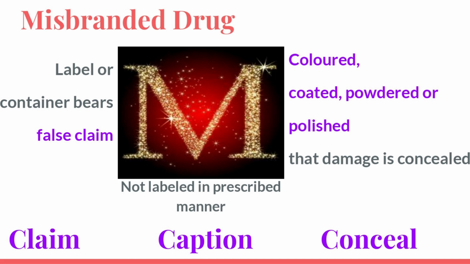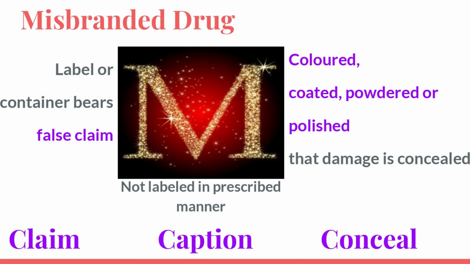We can remember this definition by remembering three words. First one is claim, second one is caption, third one is conceal. From claim, you remember that false claiming leads to misbranding.